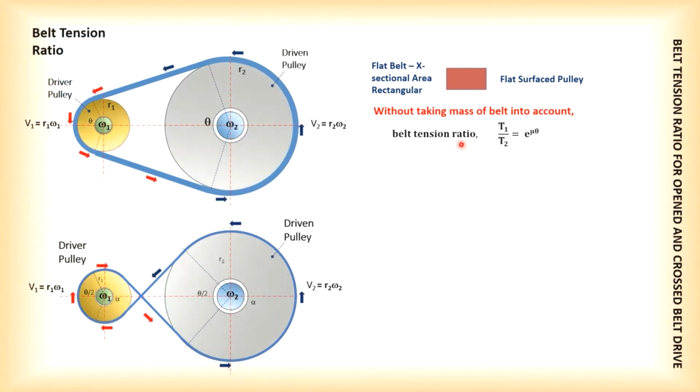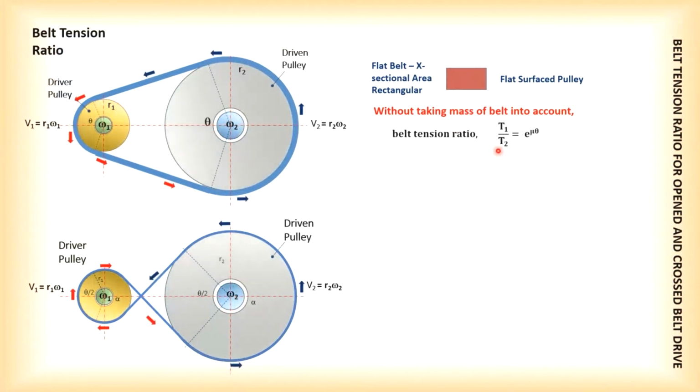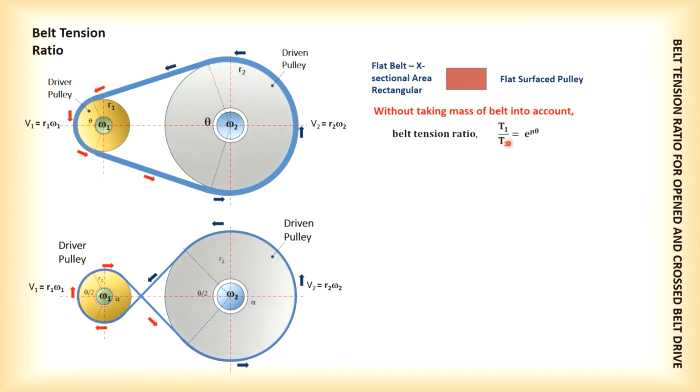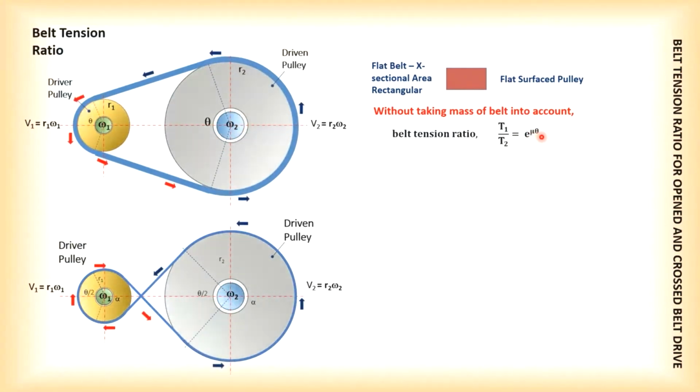So the belt tension ratio, if we are looking at a flat belt, then we use T1 over T2, that is maximum tension over minimum tension, which equals e to the power of mu theta, where e is the exponential, mu is the coefficient of friction, and theta is the angle of lap or wrap.